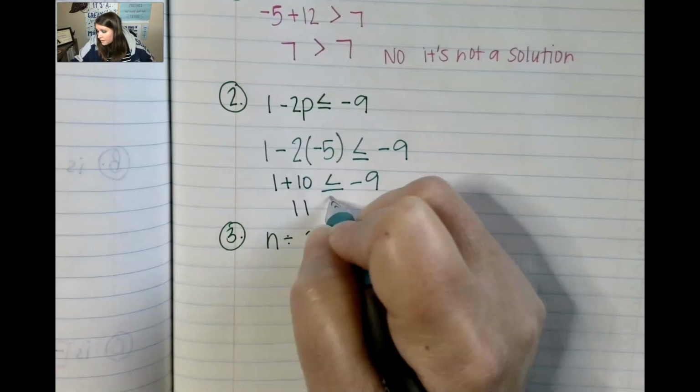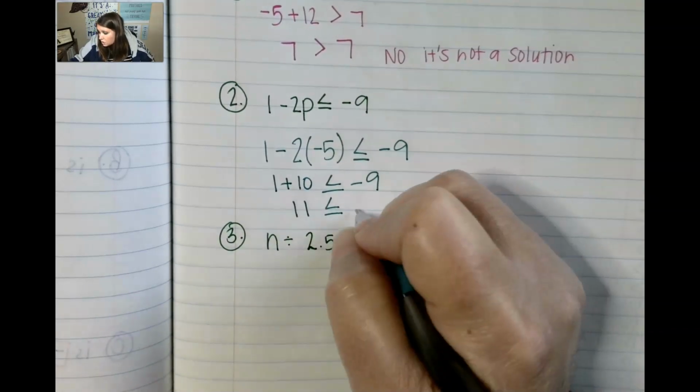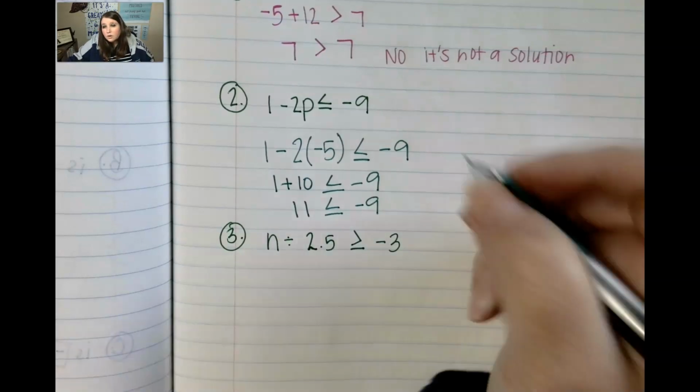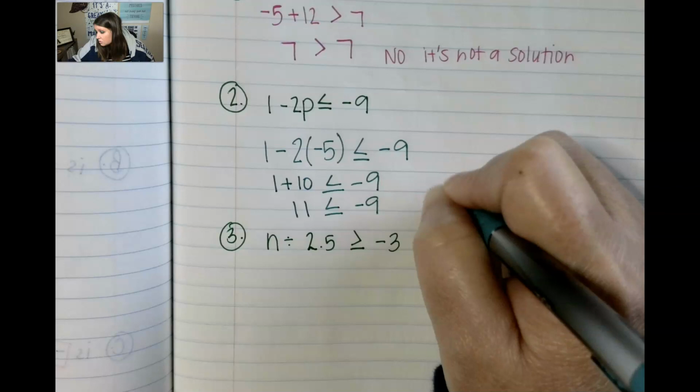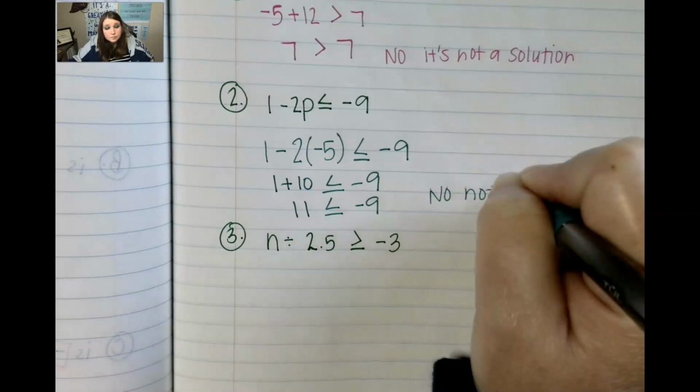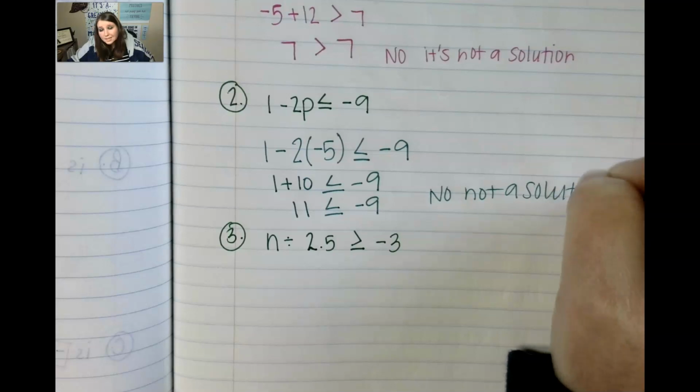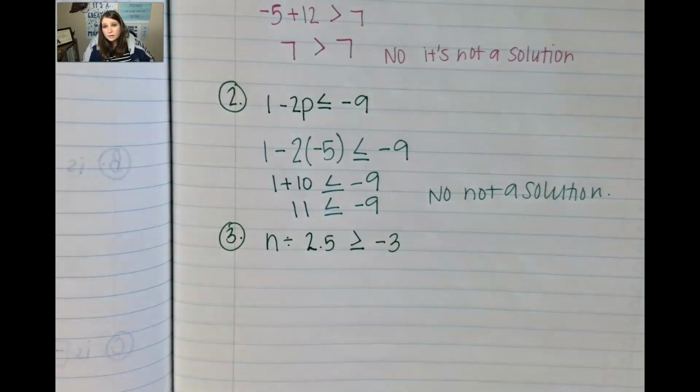That says 11 is less than or equal to -9. Is that a solution? No, not a solution. So that one did not work. -5 is not a solution.